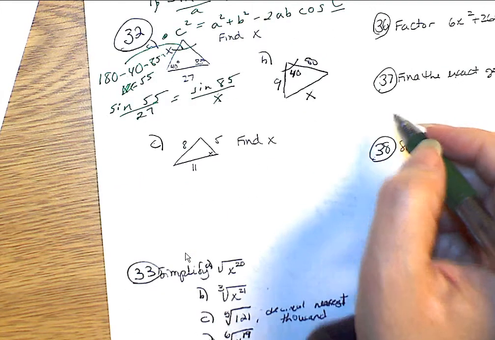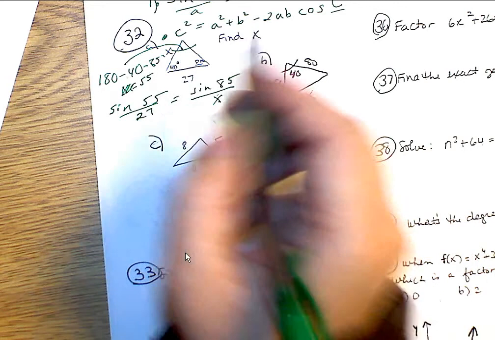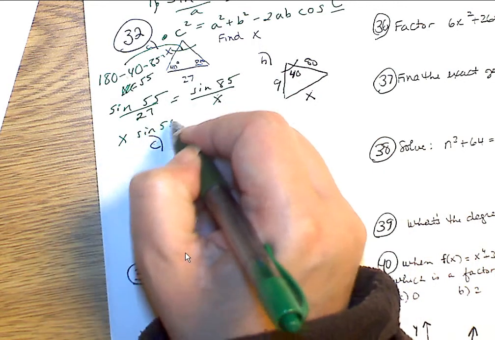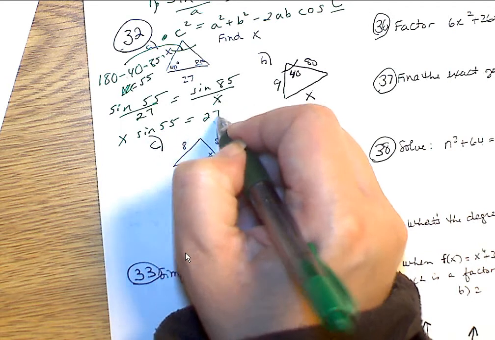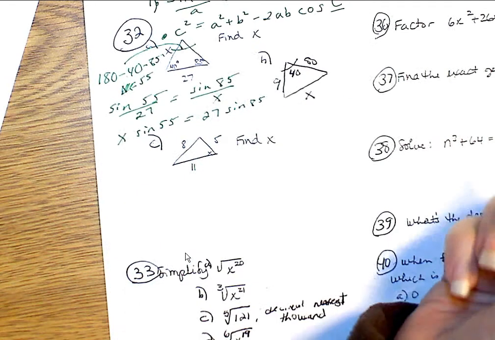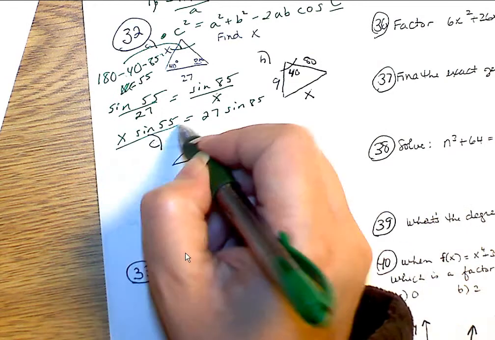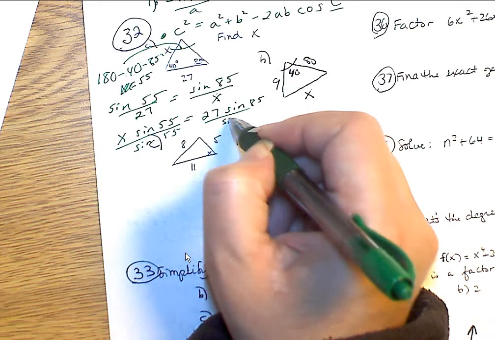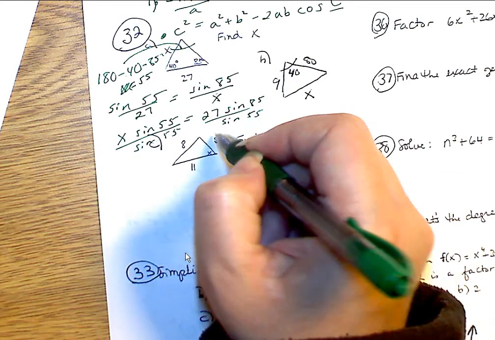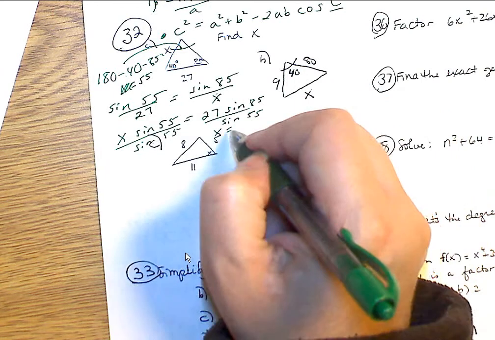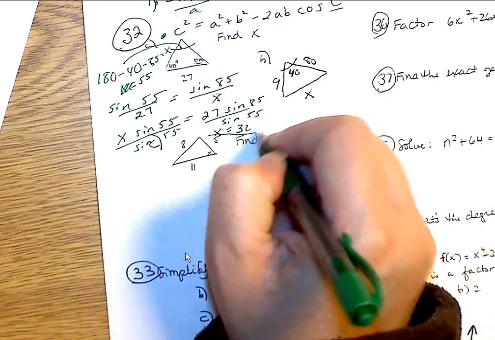Then I have to cross multiply, so I have x sine 55 is equal to 27 sine of 85. Last step is to divide by sine 55. So x is going to equal 32. And that's the side, so we leave it like that.